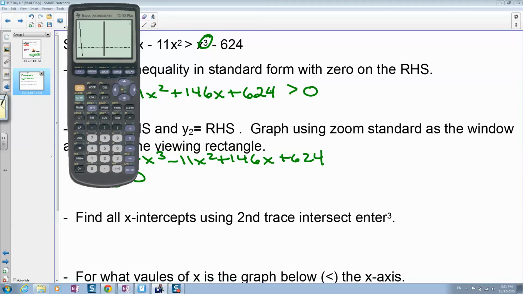So then when we graph it, notice we're almost there. We don't see the top and the bottom here, so we've got to move it down and up. We're fine side to side, but we've got to go down a little bit further. Let's go negative 400, and then let's go up to 1,000.